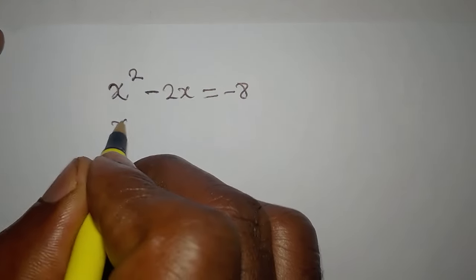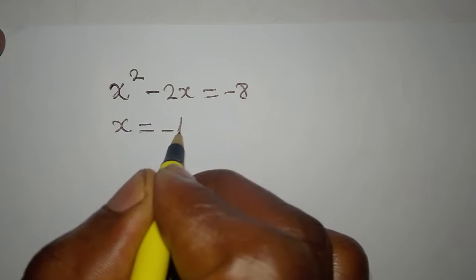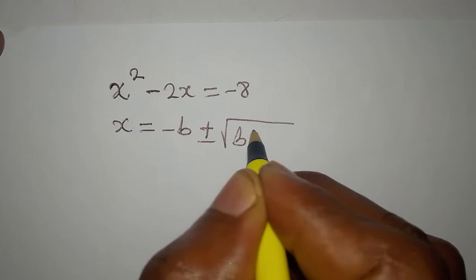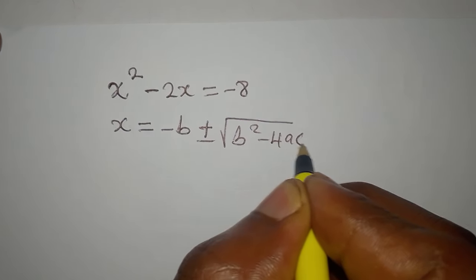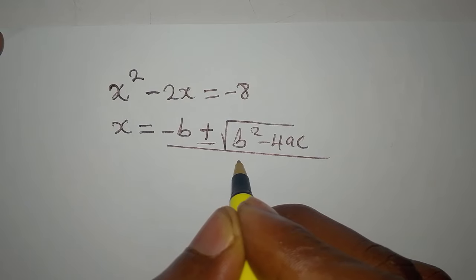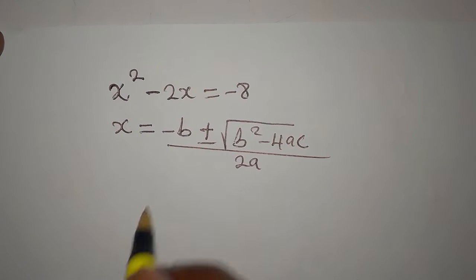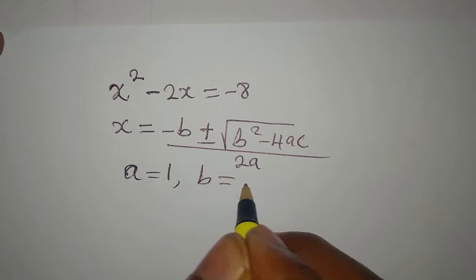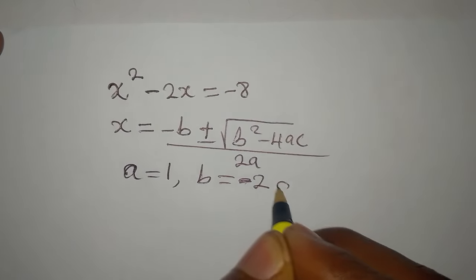Now using your formula again, x is equal to minus b plus or minus the square root of b squared minus 4ac, divided by 2a. Our a is 1 again, b is minus 2 like before.